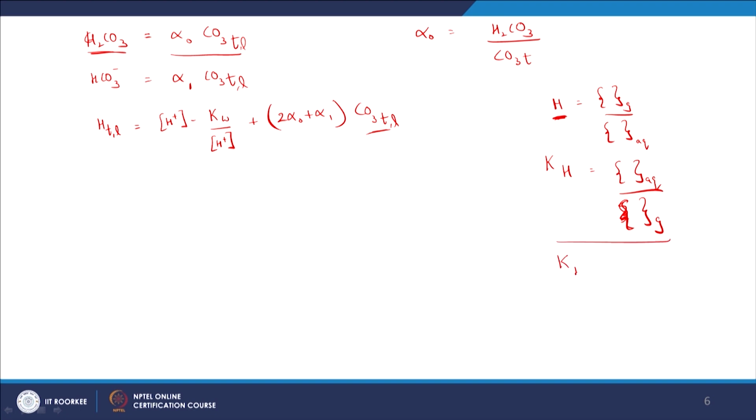The Henry's constant is going to be equal to the concentration of CO2 in the aqueous phase by the concentration in the gaseous phase, which is PCO2, and we know that this is going to be equal to the H2CO3 concentration by PCO2. And what does that mean?